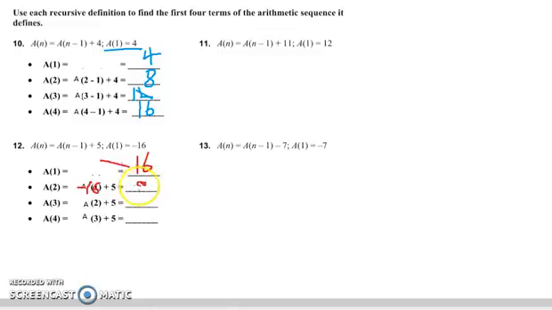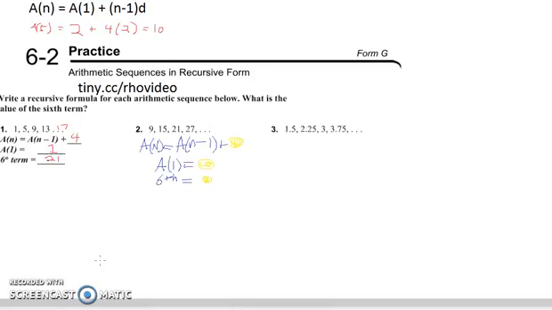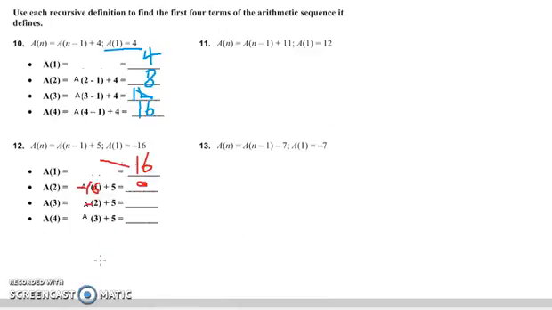Whatever you get here is going to go here for A2. Simple, y'all. I don't know how else to make this any easier, but that covers the front page. Go ahead and give this a shot. In a little while, we'll put up another video and go over the next part of it. Alright, have fun.